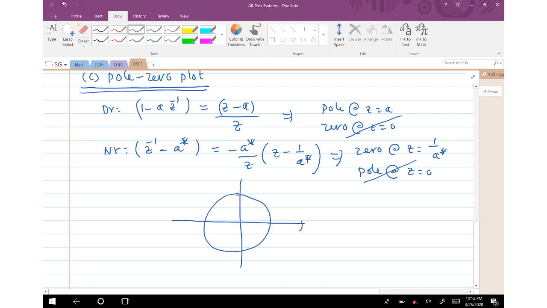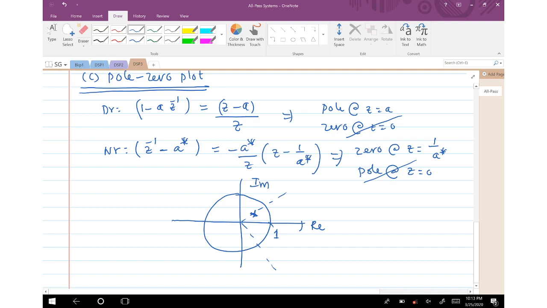this being the unit circle, real and imaginary axis, this being 1. Suppose you have a pole at a, let it be this value, okay?